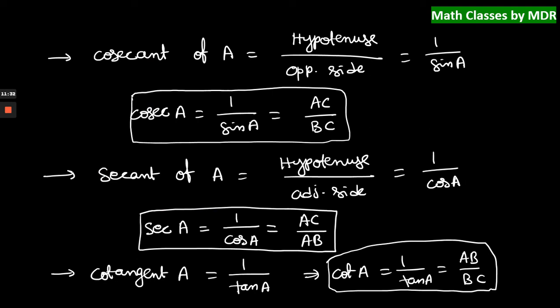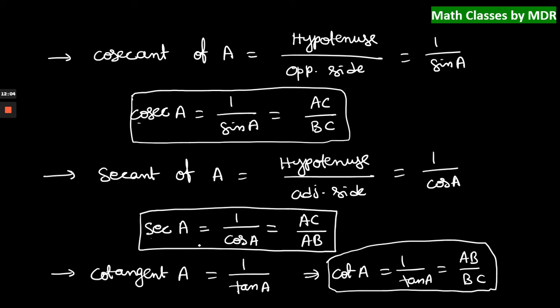And we have observed that cosecant A is the reciprocal of sin A, secant A is the reciprocal of cos A, and cot A is the reciprocal of tan A. And vice versa: tan A is the reciprocal of cot A, cos A is the reciprocal of secant A, sin A is the reciprocal of cosecant A. You can remember like this: cosecant starts with C and sin starts with S, so C and S are reciprocals, and secant starts with S, cos starts with C, so S and C are reciprocals.